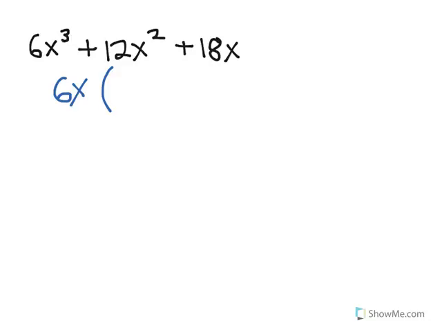So 6x cubed divided by 6x leaves us with x squared. 12x squared divided by 6x, 12 divided by 6 is 2, and x squared divided by x is x. And then finally, 18x divided by 6x, 18 divided by 6 is 3, and x divided by x is 1. So that leaves us with the constant 3.